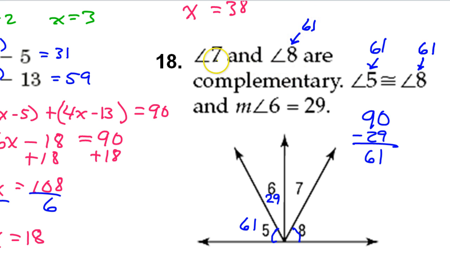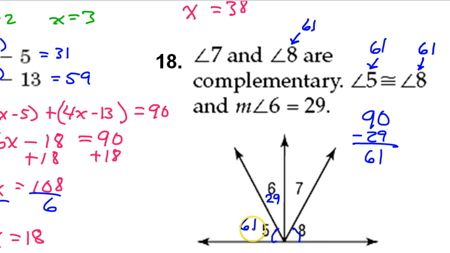Now, 7 and 8 are complementary, so that means they have to add up to 90 degrees. I could subtract 61 from 90, but I already know that's going to be 29.